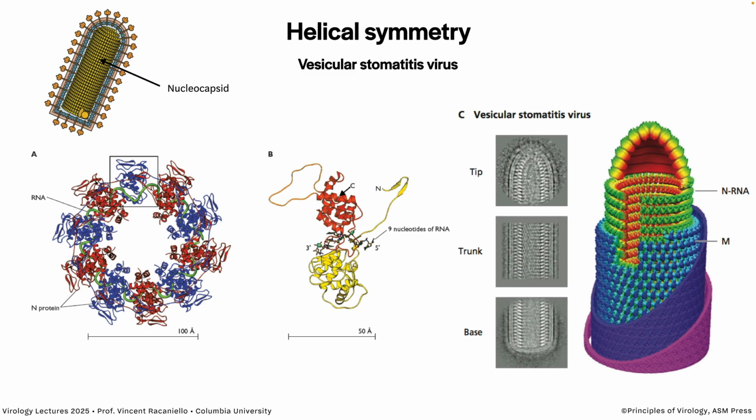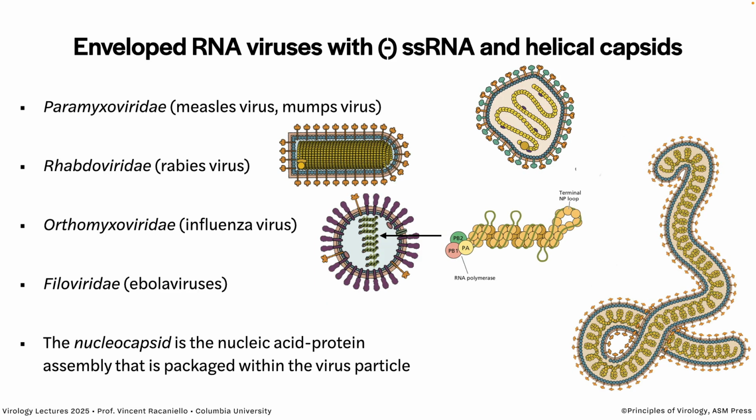But these coat proteins, I haven't shown you them individually. There's the nucleocapsid protein of vesicular stomatitis virus. It's a two-lobed protein with a groove in the middle, and that's where the RNA fits in that this nucleocapsid protein will be binding to. And then again, this is a cryo-EM structure of that complex.